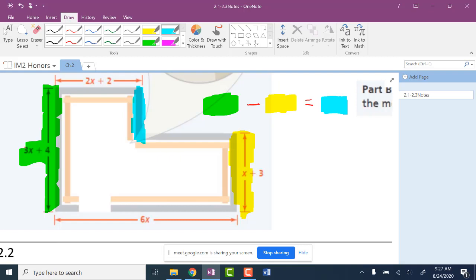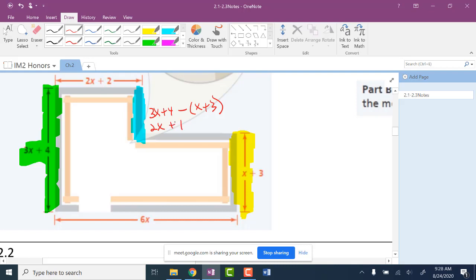But that's the case. So what I could do is understand that this is 3x plus 4, that full green side, minus parentheses, this x plus 3. And then I could go ahead and finish that off, distribute the minus sign, and I get 2x. And then 4 minus 3 is 1. So this blue side is 2x plus 1 based off of the dimensions that are given here.